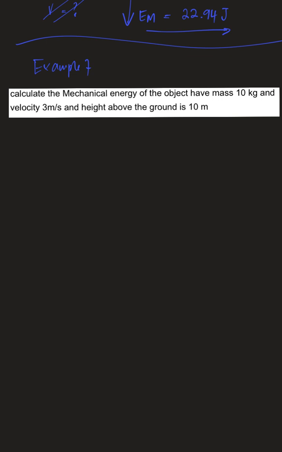So they want EM, which we don't have. They've given us a mass which is equal to 10 kilograms. They've given you a velocity that's equal to 3 meters per second. And they're telling you that the height is 10 meters.